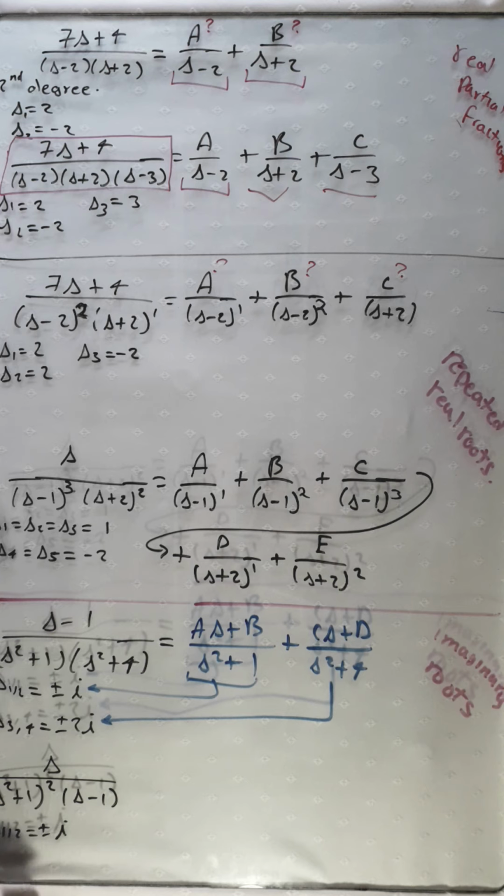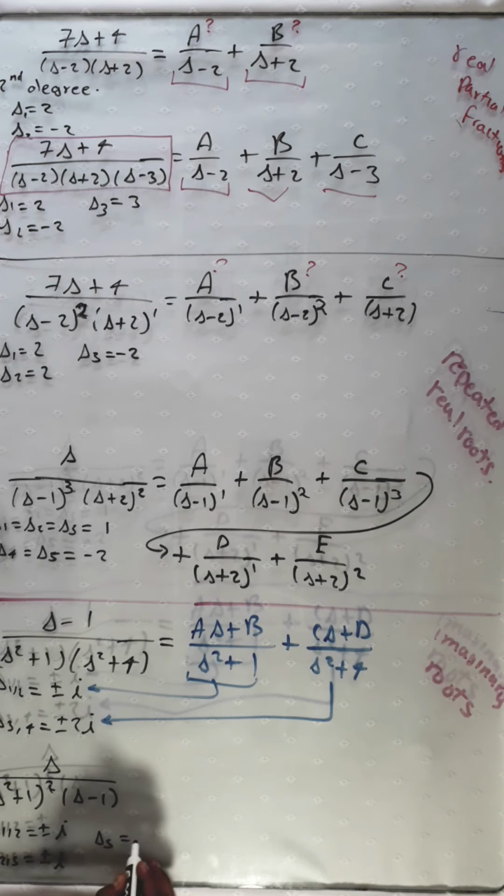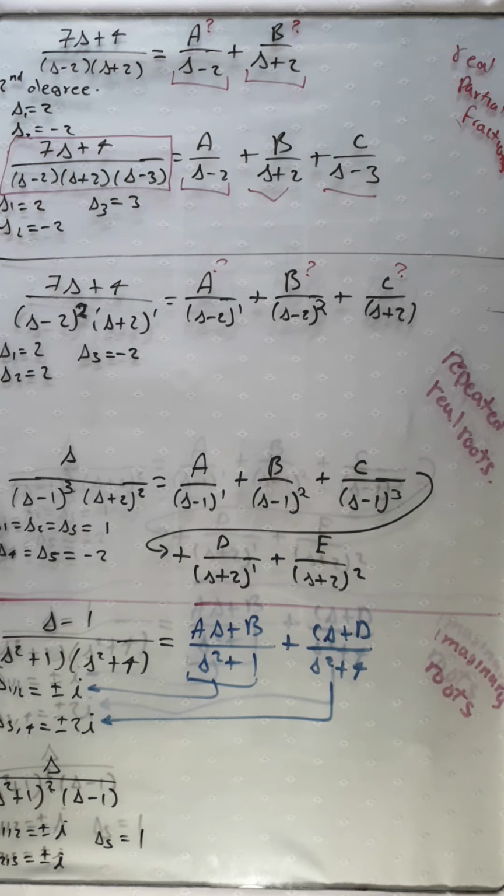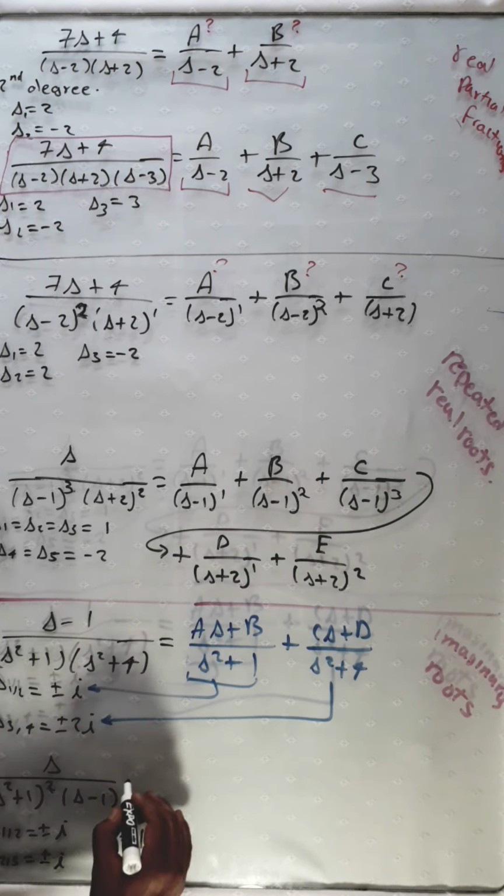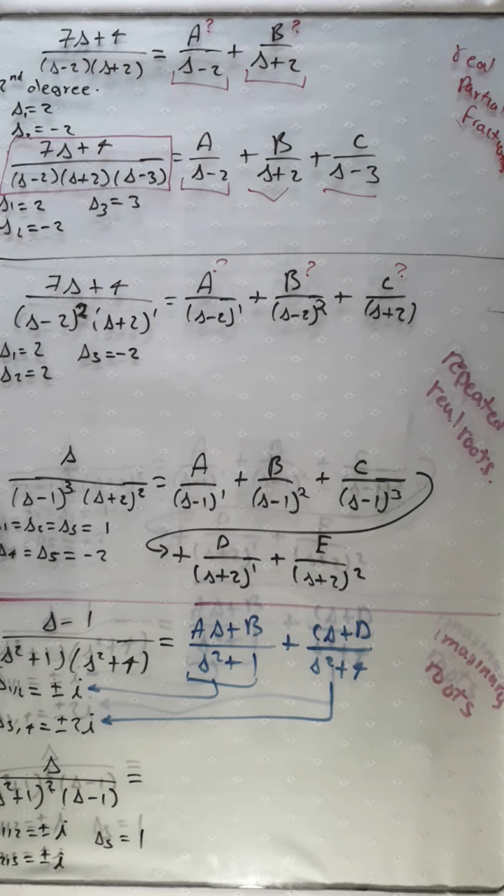This is for the first one, but then s3 and s4 is going to be plus minus i, because it is repeated, you have the square here, and then s5 is equal to 1. So because the power of the denominator is 5, you have five roots, and then you will have 5 partial fractions.